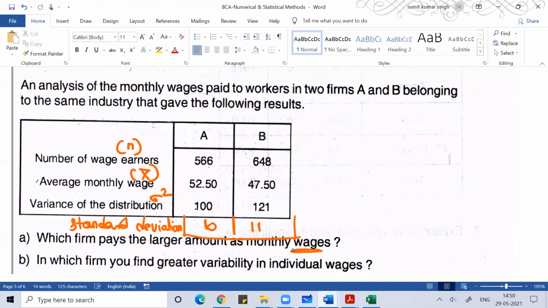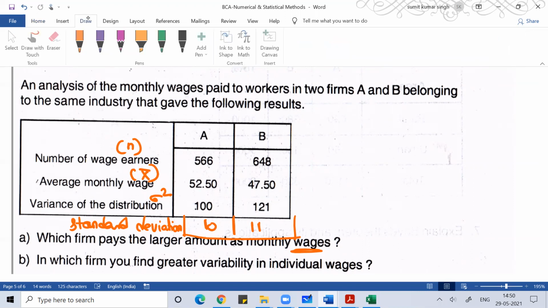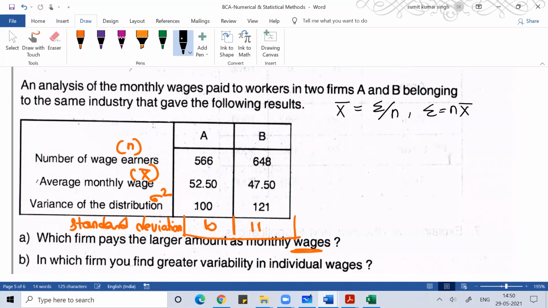Now, to know which firm pays the larger amount, I want the sum. Everyone knows the formula that mean is equal to sum divided by number. So sum is equal to number into mean. You know this formula, right? Then I can find the sum value for A and B.